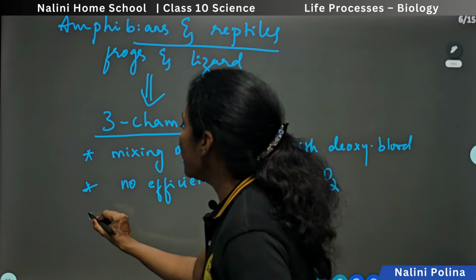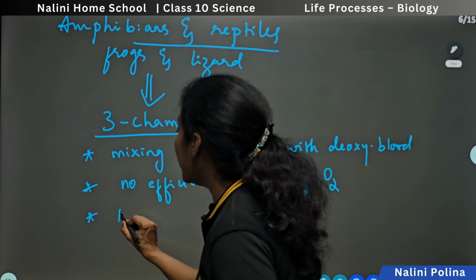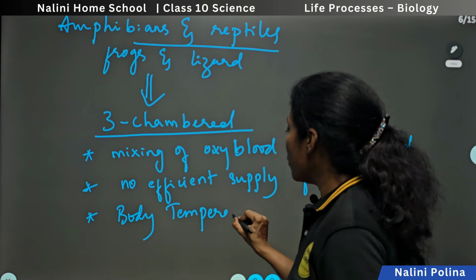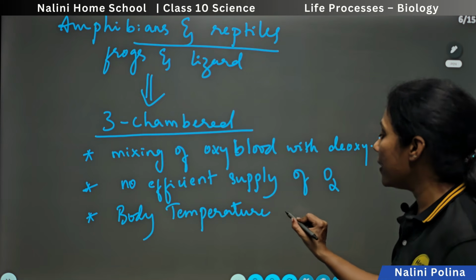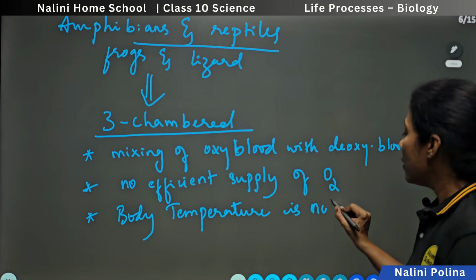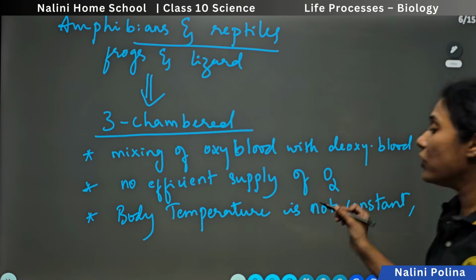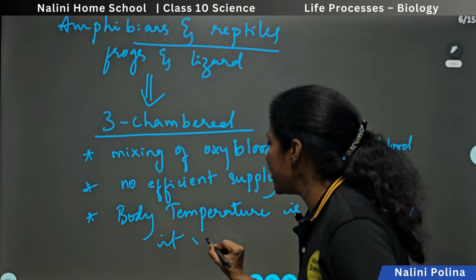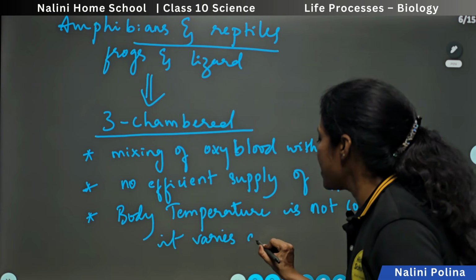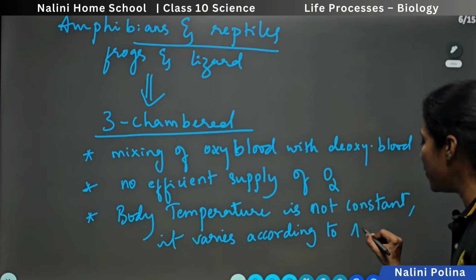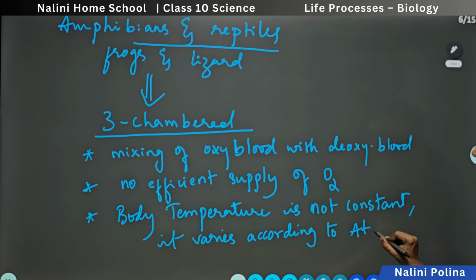That is the reason the body temperature will not remain constant. Body temperature is not constant. It varies according to atmospheric temperature, I mean according to the environment.